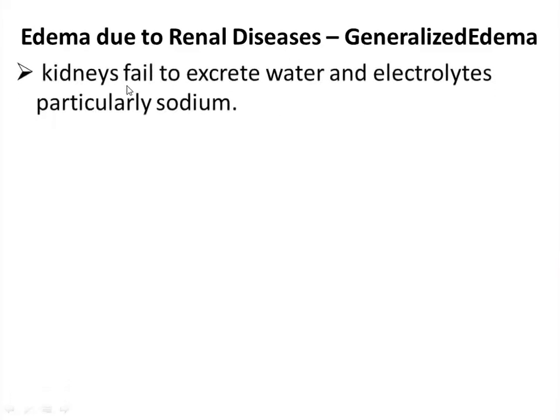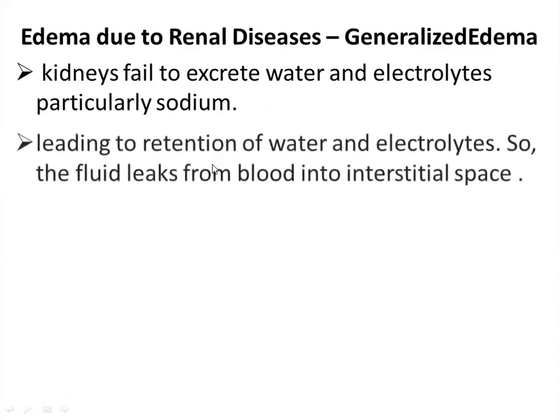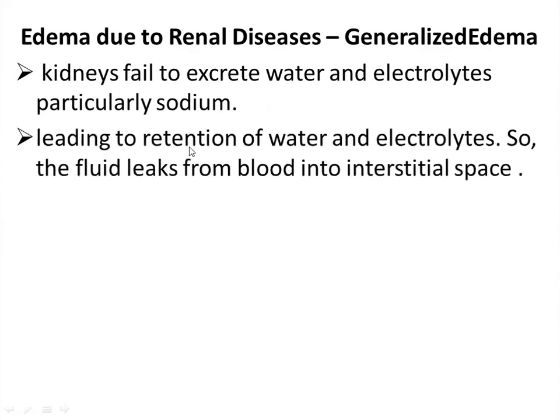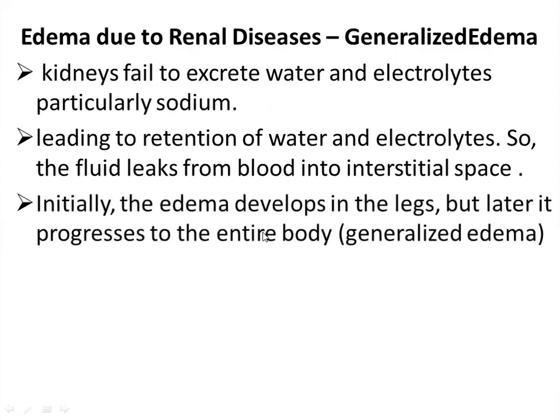Then we will see edema due to renal disease, which is also generalized edema. The kidney fails to excrete water and electrolytes, particularly sodium. So what will happen? It leads to retention of water and electrolytes, so fluid leaks from the blood into the interstitial fluid. Initially this edema develops in the legs, but later it progresses to the entire body.